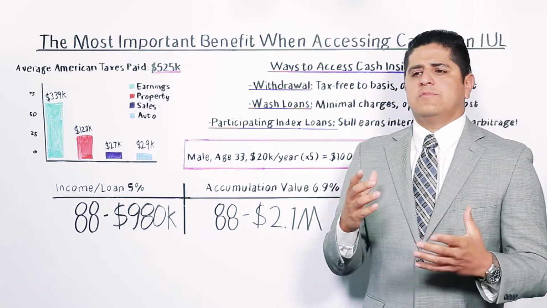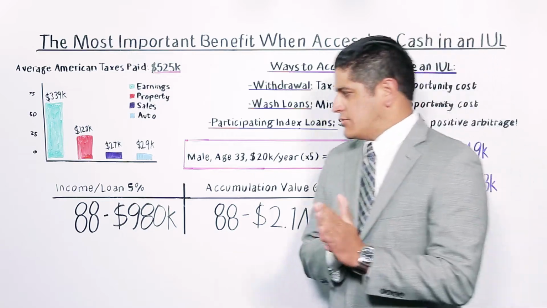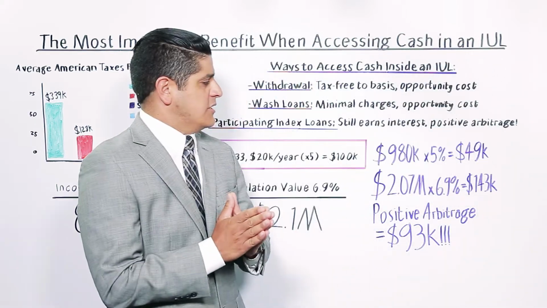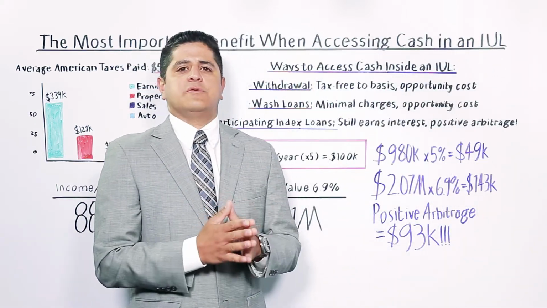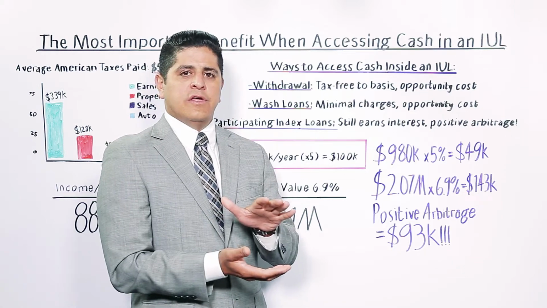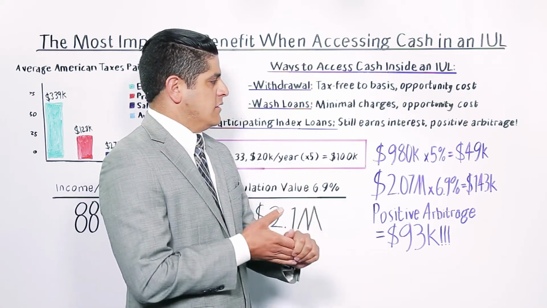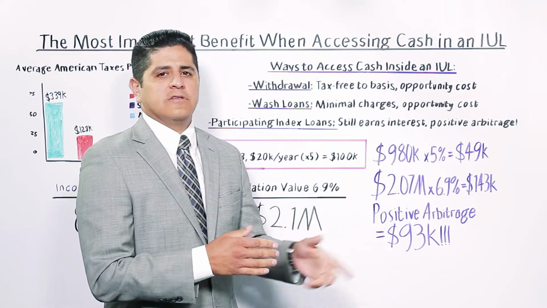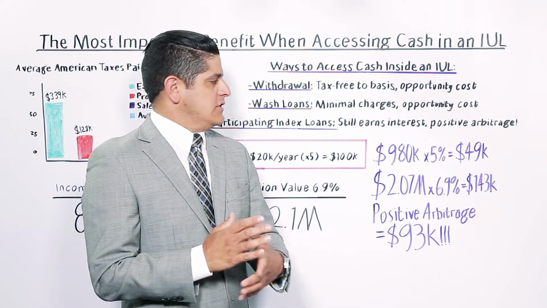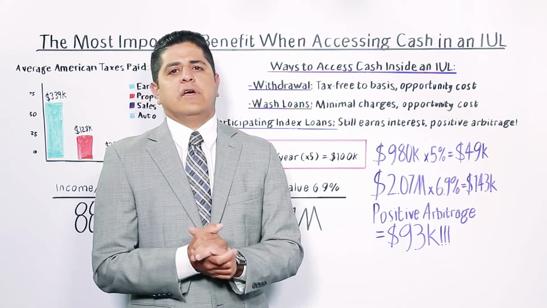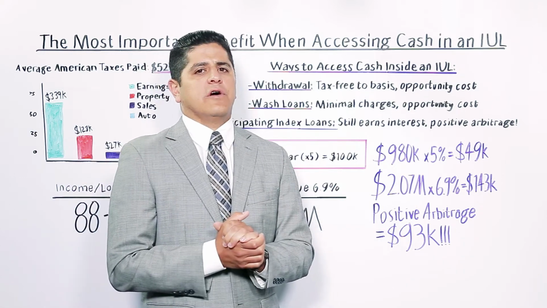So now let's look at an example of positive arbitrage. So the positive arbitrage is, of course, the difference between the amount you're paying for the loan and the interest earned in that given year. So the $980,000 cumulative policy loan at a 5% loan rate is $49,000 worth of loan interest.